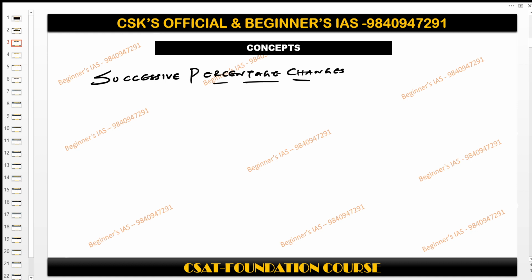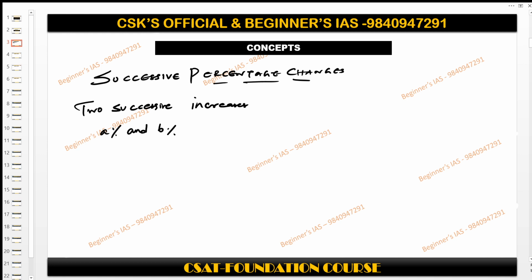For example, they will give you a question with two successive increases on a particular value. You can take that value as a percentage, a and b, or x or y, whatever it may be.